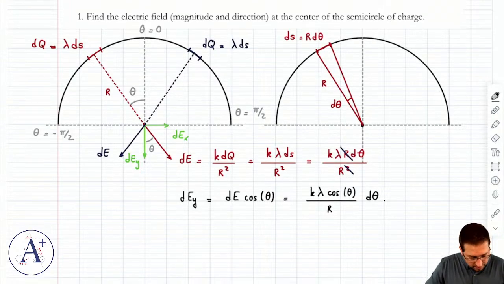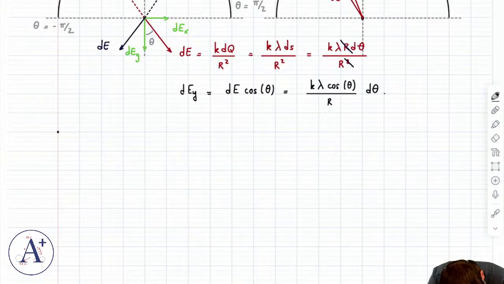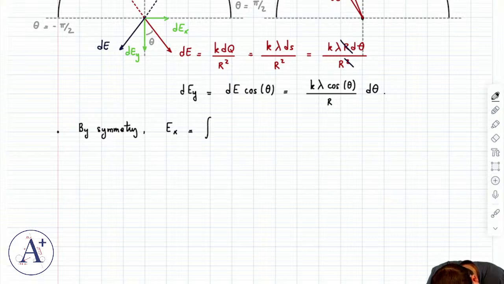Okay, and so we're going to say by symmetry, Ex, which would be the integral over the semicircle of dEx, is 0, and the only component we care about is Ey.